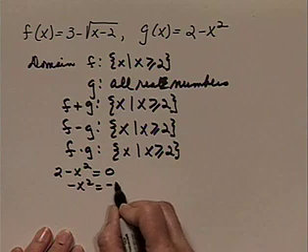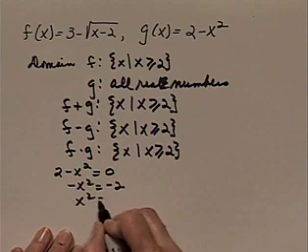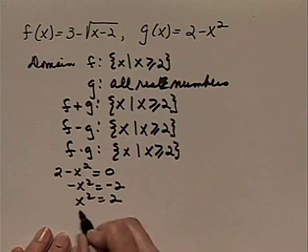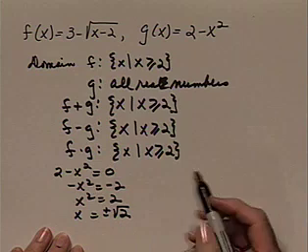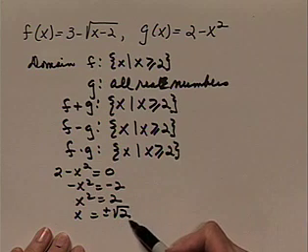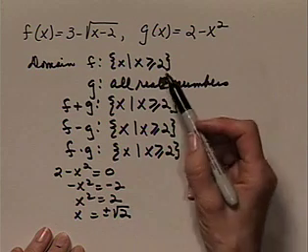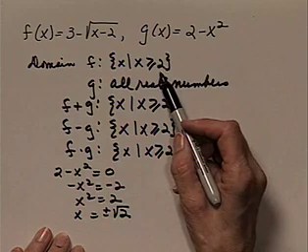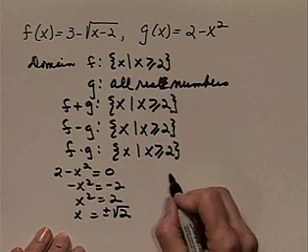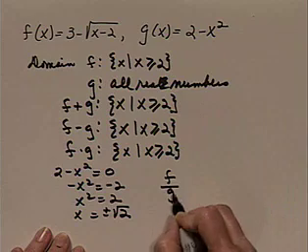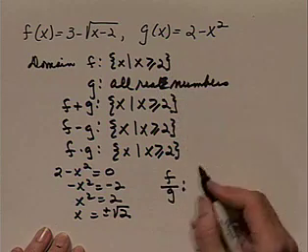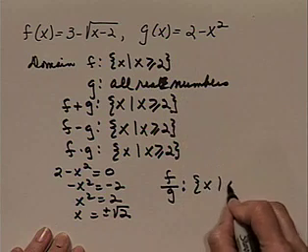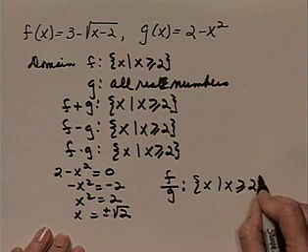We find in this case that x squared equals 2, or x equals plus or minus the square root of 2. Now, both of these numbers are less than 2. So the domain for our function f divided by g will consist of all real numbers x, such that x is greater than or equal to 2.